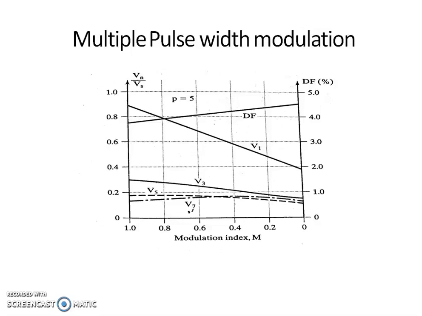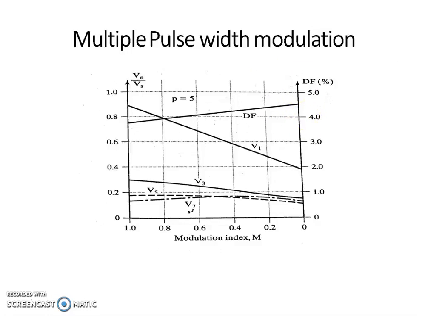The order of harmonics is the same as that of single pulse width modulation, that is first order, third order, fifth order and seventh order. The distortion factor is reduced significantly compared with that of the single pulse modulation.